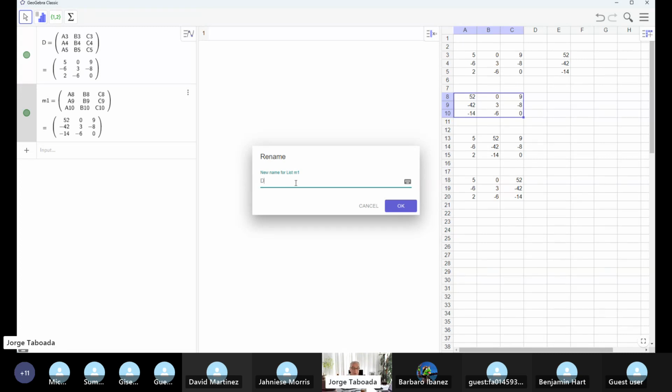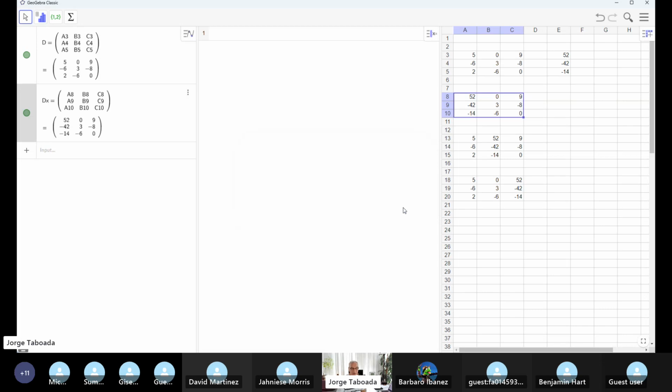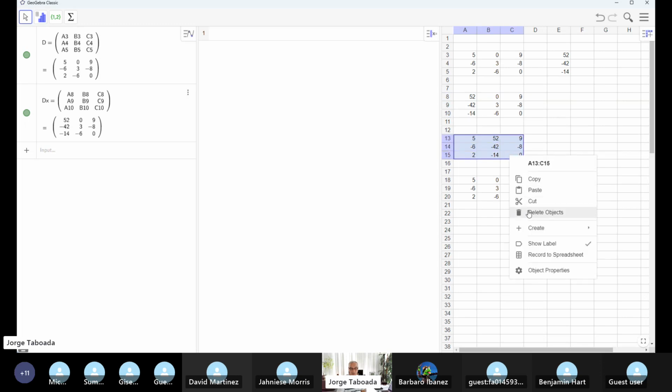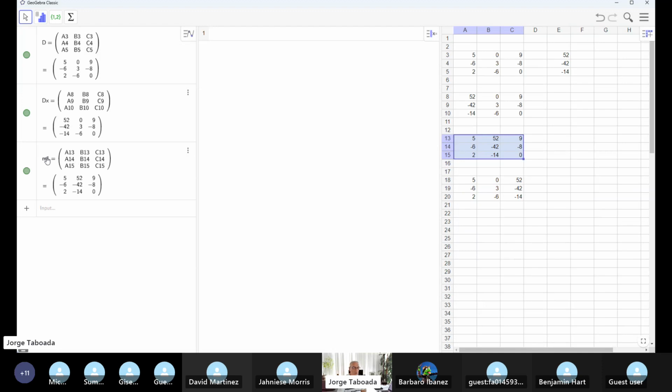There is other software to do this, like Symbolab. It's possible to use it, but I don't like it because it has too much advertising. I do not consider it professional. GeoGebra is professional. Now select this, create a matrix. I rename it dy.